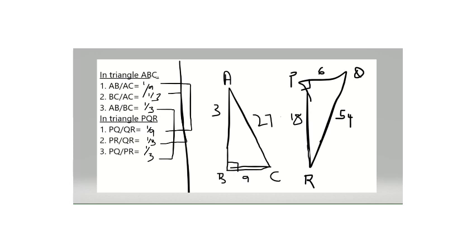So you can see that triangle PQR is actually a bigger version of triangle ABC. It is the same triangle, just bigger, but it increases with the same ratio. I hope you remember these concepts from the previous grades. Do you remember now? That is very good.